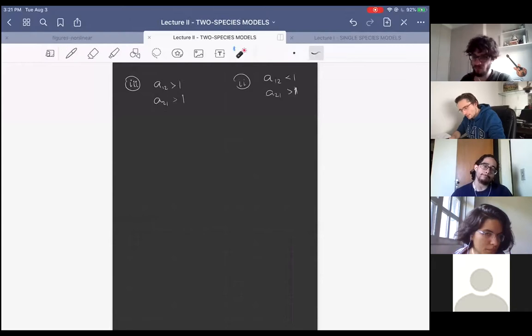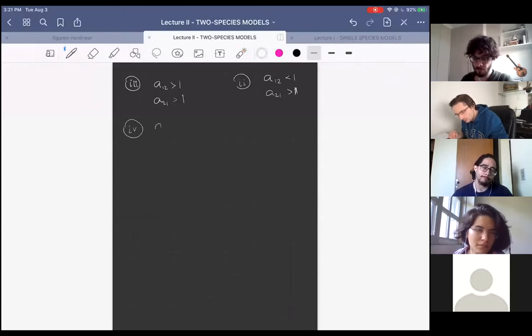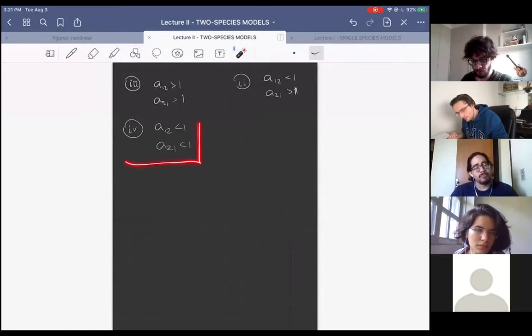We are not going to discuss this one because it's the same thing, switching the roles of species 1 and species 2. So nothing very interesting. And the fourth case is the one in which A12 is smaller than 1 and A21 is smaller than 1. And these two, I do want to discuss a little bit more in depth.